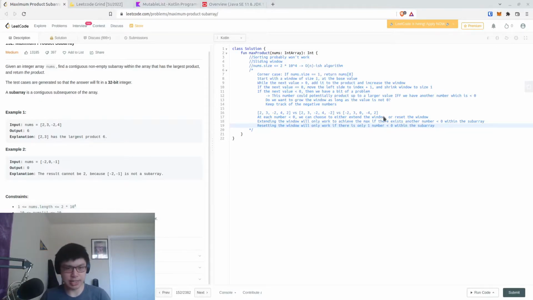Because if there are 3 negative numbers, we can take 2 of them. That's not a problem. So if there are 2 negative numbers, we can take them without problem. At least 2. If there's 1, then that's a problem. But if there are 2 and they're separated by 0, that's also a problem.